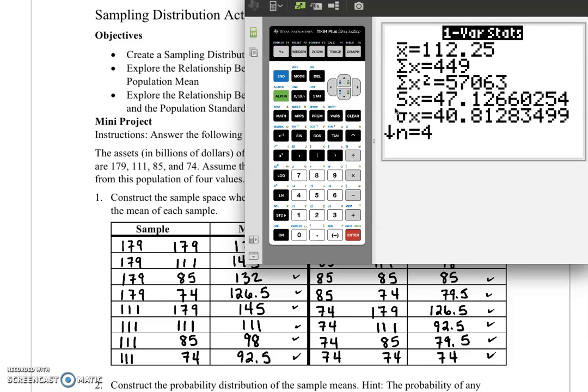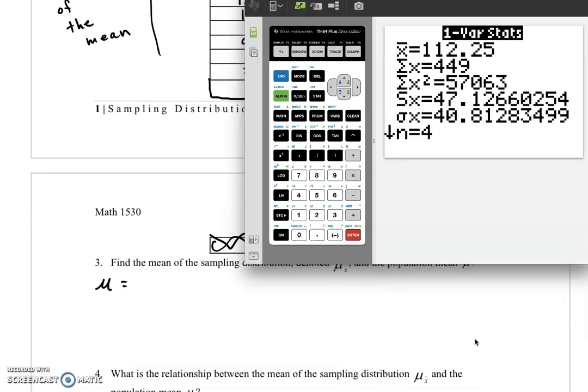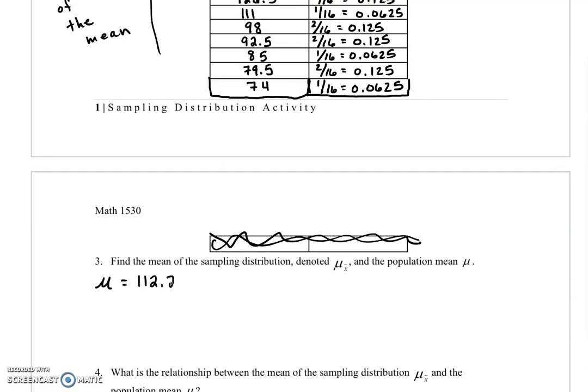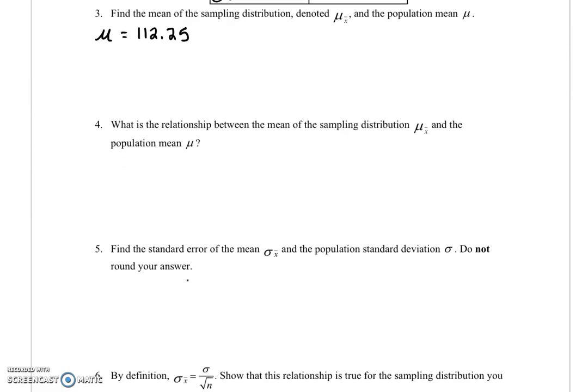So we want to take the population standard deviation, which is the sigma X, which is 40.81, etc. We're going to write down the mean, which is 112.25, and also our population standard deviation, which was 40.81283499. Notice it says do not round the answer.